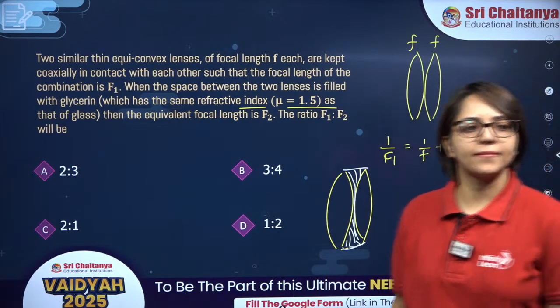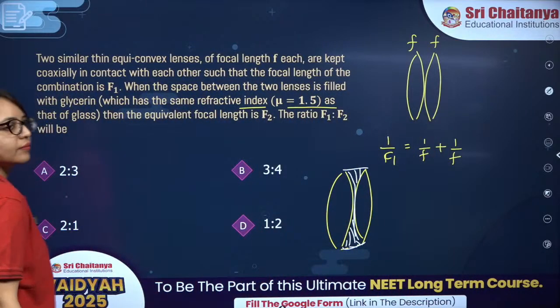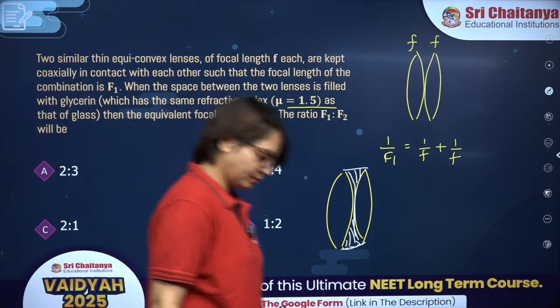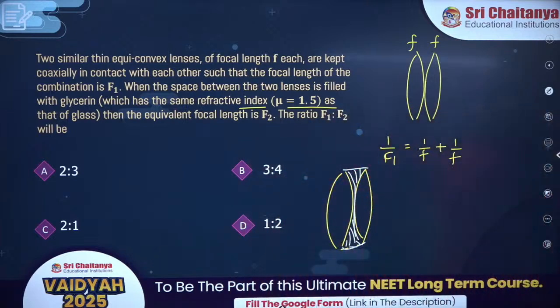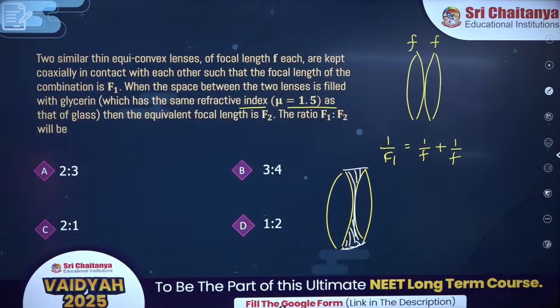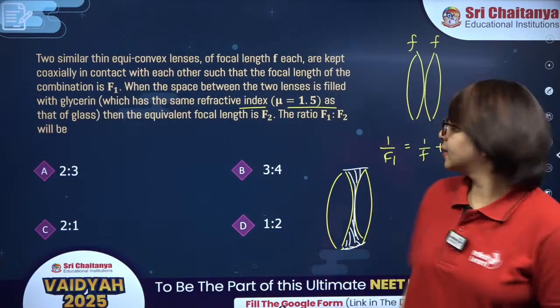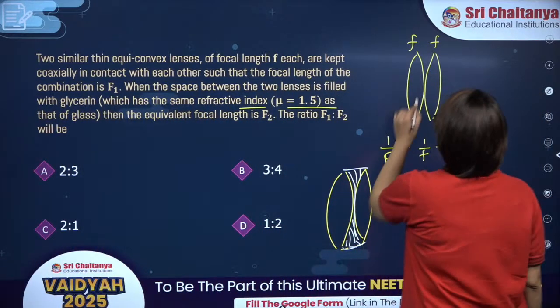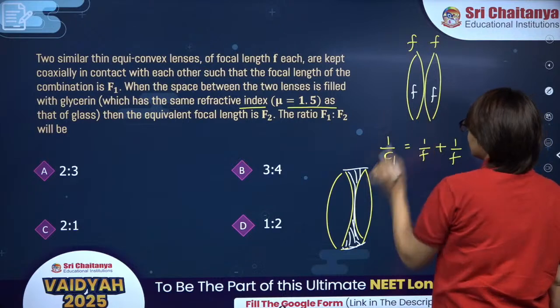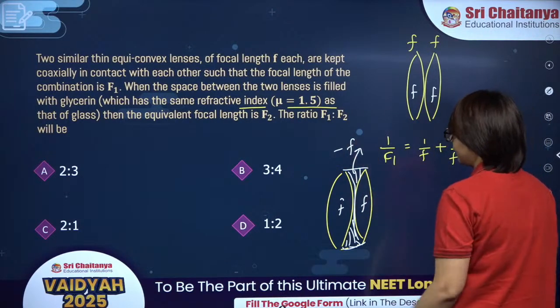Chaliye. Try this one everyone, try this one. Focal length of this one is F, and focal length of this one will be minus F. Why?